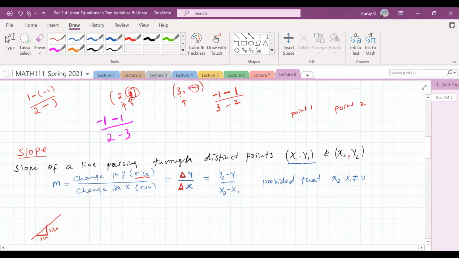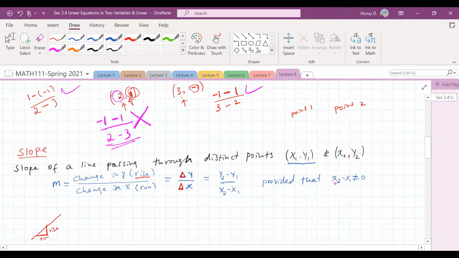For the y, you start with this. For the x, you start with this one. This is wrong. Those two are correct, okay? But this is wrong. This is not right. So that's the only thing that I want you to be careful of.